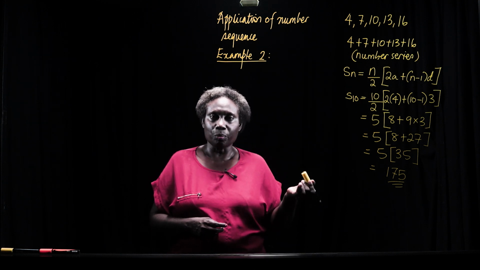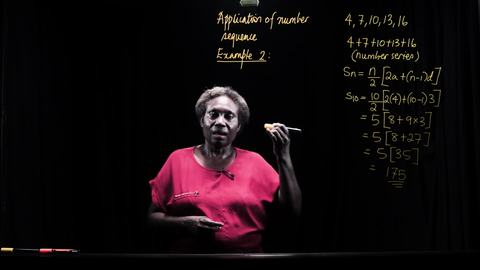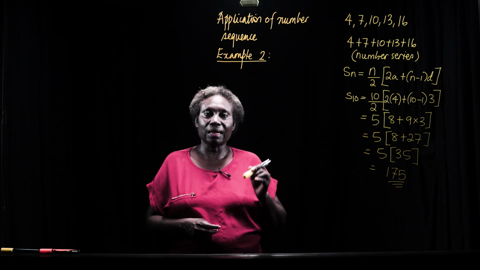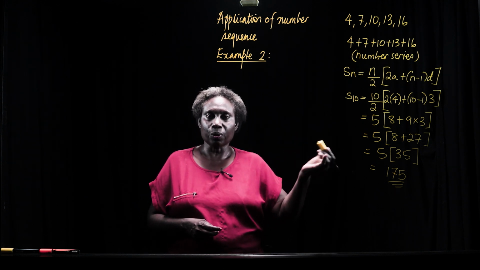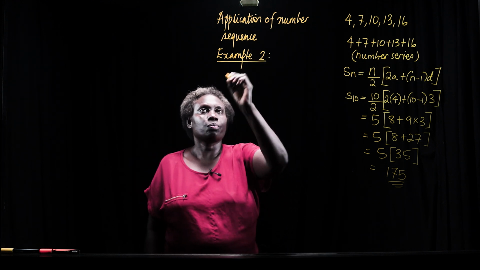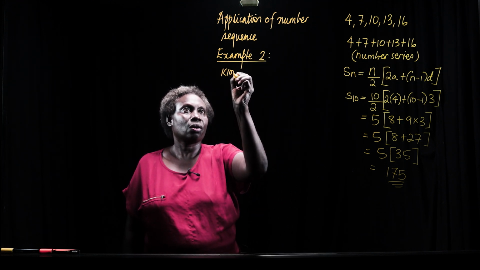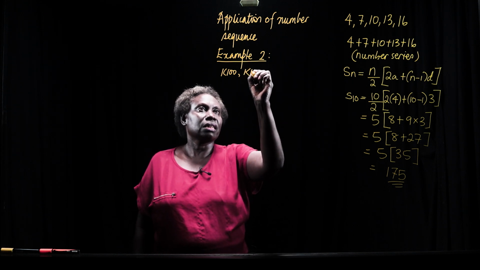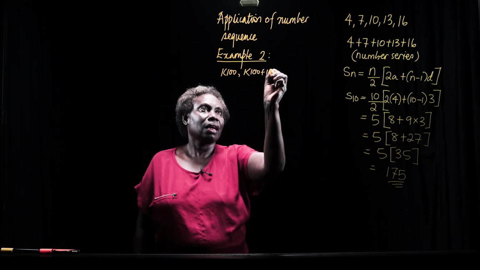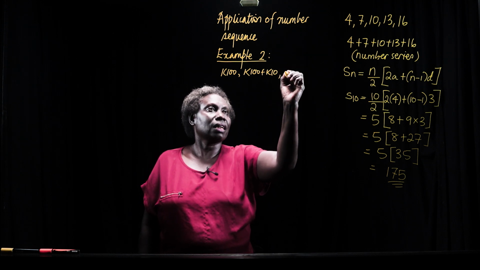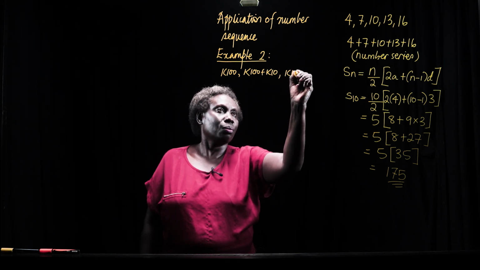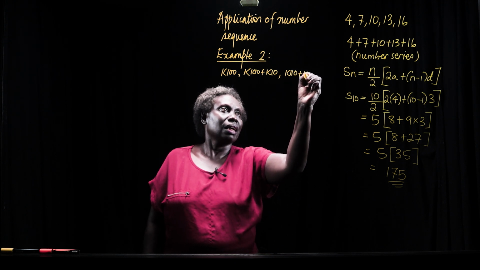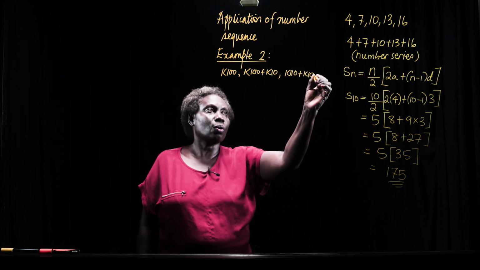And on the third month he deposits 10 kina more than what he deposited in the second month. And it continues on and on. So we have first month he deposits 100 kina. Second month is 100 plus 10 kina. On the third month, 110 plus 10 kina, and so on.